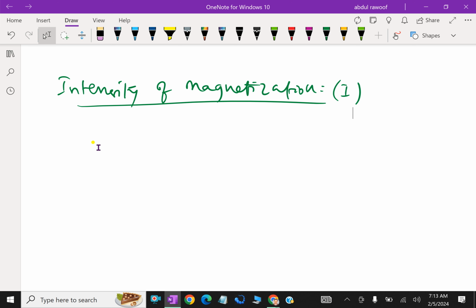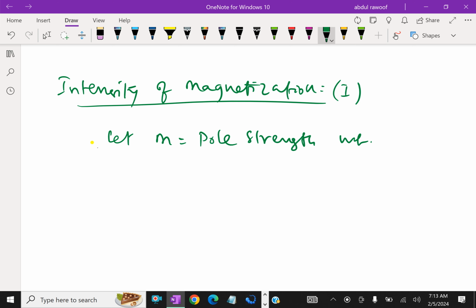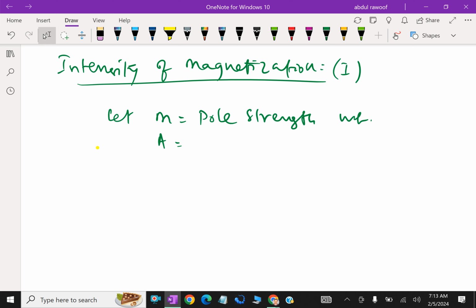Also, it is the magnetic moment developed per unit volume of the bar. Let M equal the pole strength induced in the bar in Weber, and A the face or pole area in meter square.